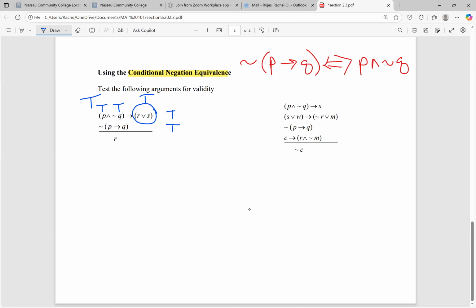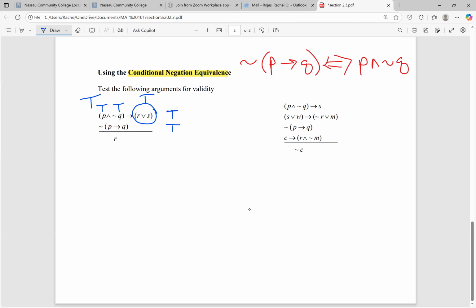So we can either have R is true, S is true, or R is false, S is true. But what instance do we care about right now? Well, we want to show, is there a possibility that, depending on what R or S is, each one of those values, the conclusion, because the conclusion is R, could be false?